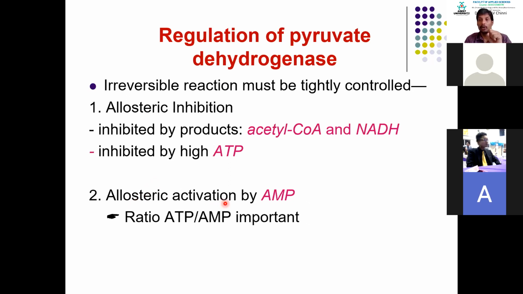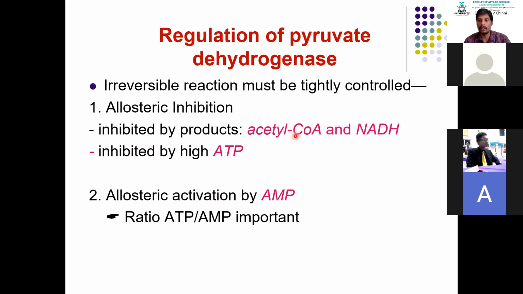If some other molecules bind to the enzyme to change its function, either activating or deactivating it, that is called allosteric modification. So allosteric inhibition is that pyruvate dehydrogenase will be inhibited by binding to acetyl coenzyme A. It's understandable, right? Because pyruvate is converted into acetyl coenzyme A by pyruvate dehydrogenase.